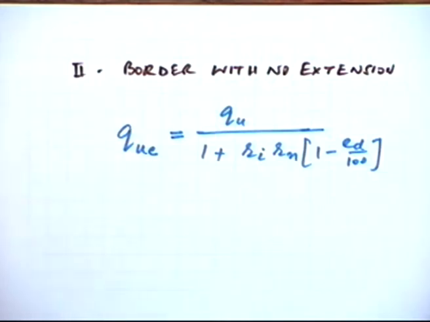So there is a relationship between Rn and the N. That's what we had seen in the last class.